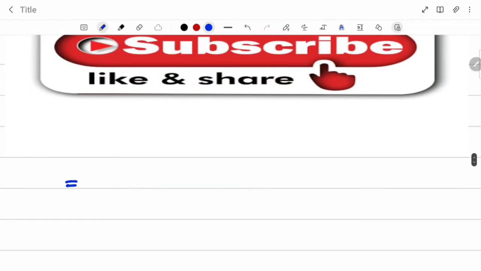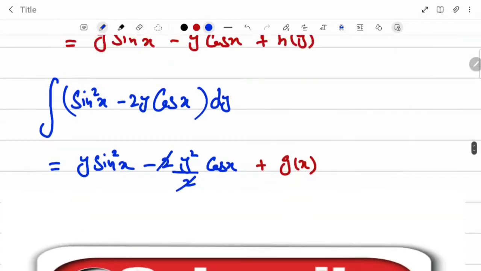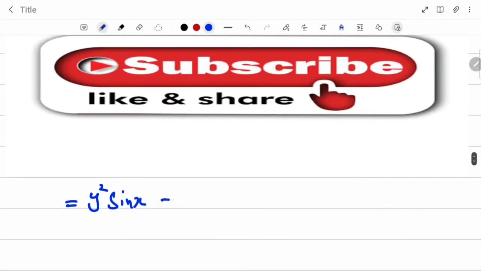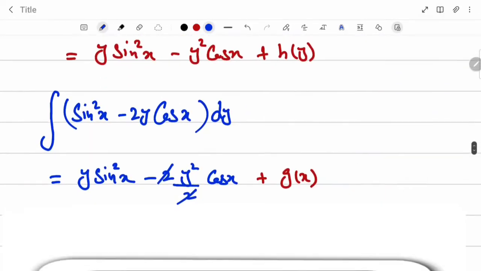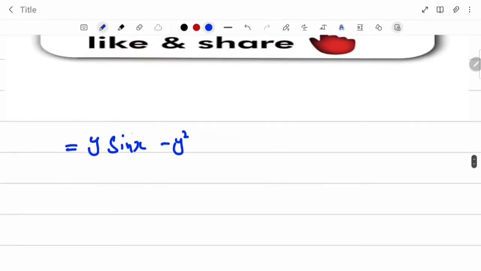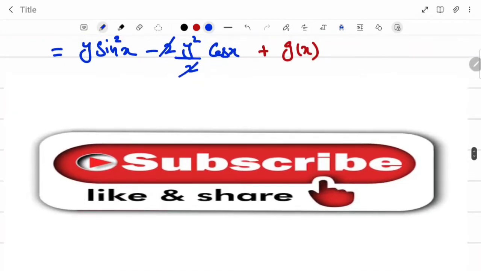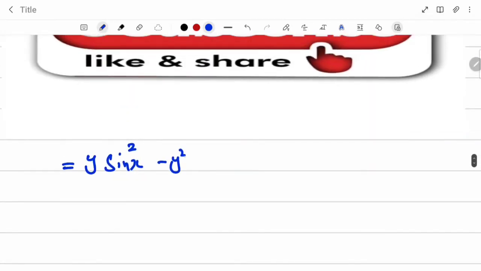Okay, this 2 will be crossed, so we are left with y sin²x, no sorry, the first one is not squared, the square is on the y, so now we have y sin²x - y² cos x + g(x).